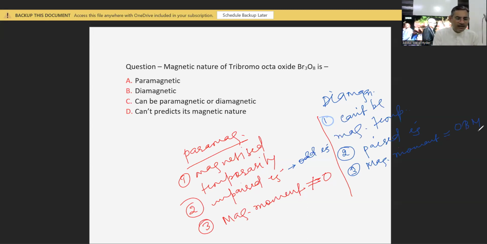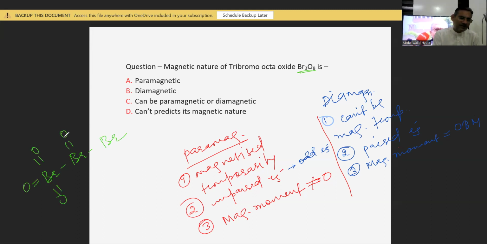Now see, in this question, this is tribromo octaoxide, that is Br3O8. Oxygen atoms involved with 3 bromine atoms will be 8 in number.